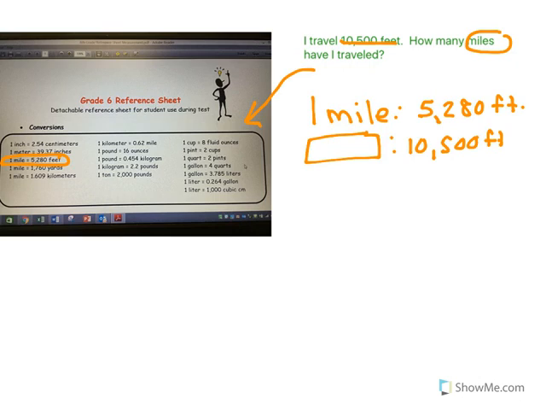I know that if I go from here to here, it's getting larger, so it's going to be multiplied by something. But what is that something? This is where I'm going to use my fact family. So I'm actually in my calculator right now, just so that we know. I'm taking that 10,500 and I'm dividing it by 5,280.